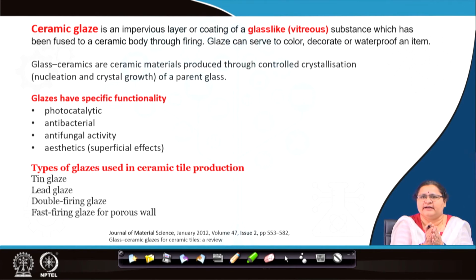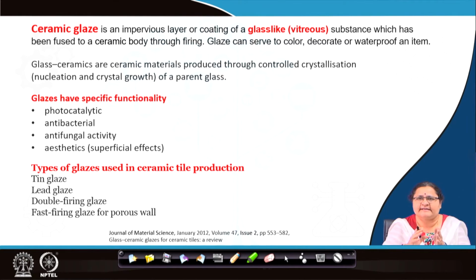You can put color, as you remember the list of colors given in the glass, you get the same kind of coloring on top of it, uniform one color. This also gives the item waterproofing. So, this is going to give a single color glazed tile.